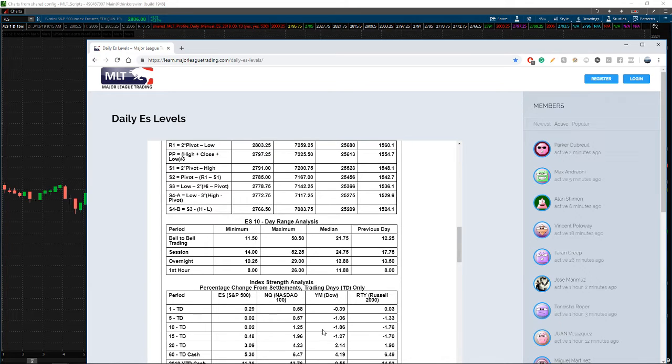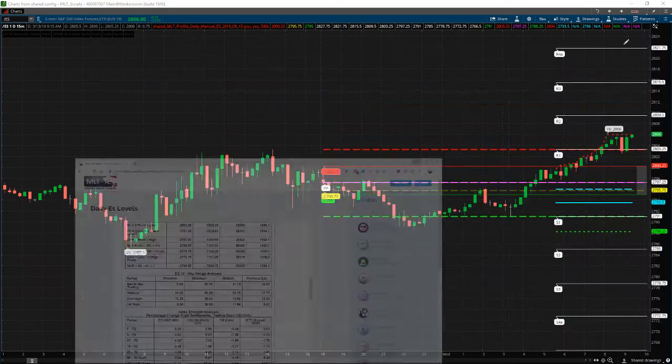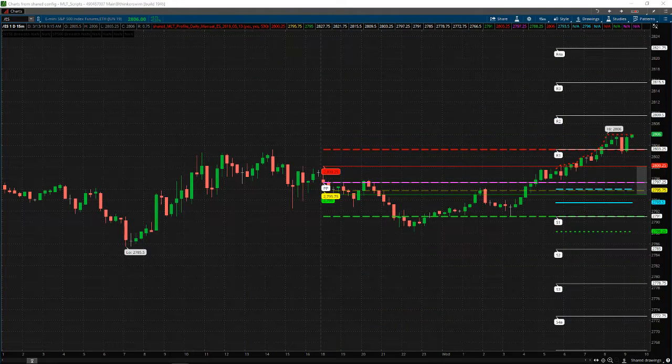Nasdaq up the strongest, and over the last 5 days, Nasdaq leads, Russell lags over a 10-day period. The only market really positive over 10 days is Nasdaq, so the other markets are down. S&P is flat.